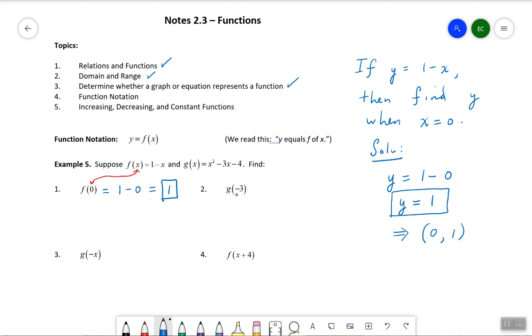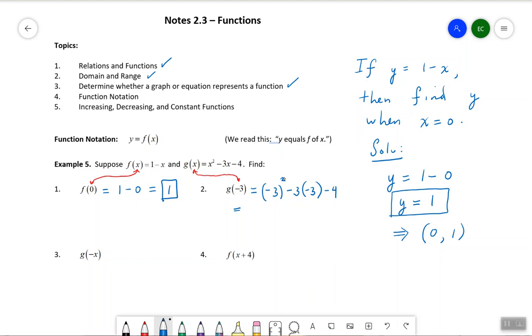This time we're looking at the g function. g of x is x squared minus 3x minus 4. And so we're just going to replace the x here with negative 3. And so we need to put a negative 3 in for x. And we get negative 3 squared minus 3 times negative 3 minus 4. You have to be just a little bit careful with the algebra, right?